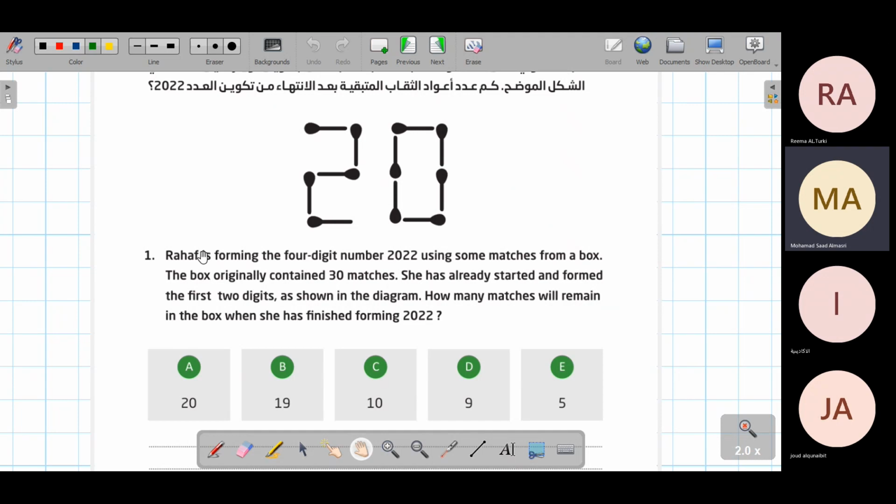Sometimes we will solve by justifying the choices. For example, we'll start with choice A, then move to B, then to C. Sometimes we can solve the equation or the problem directly to find the answer.